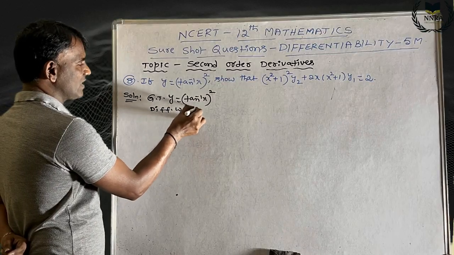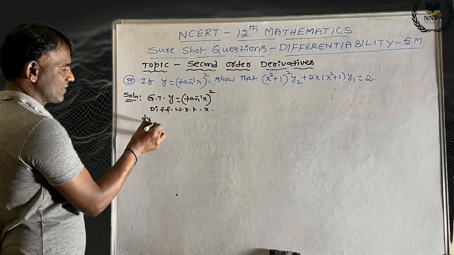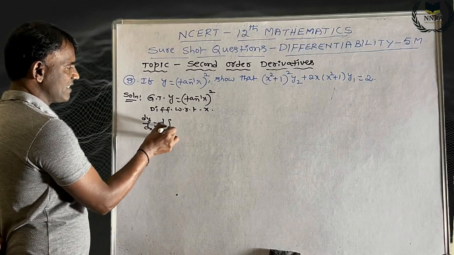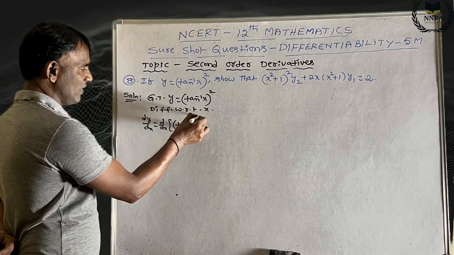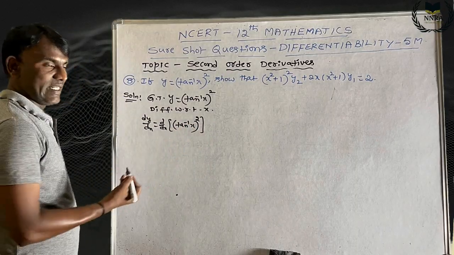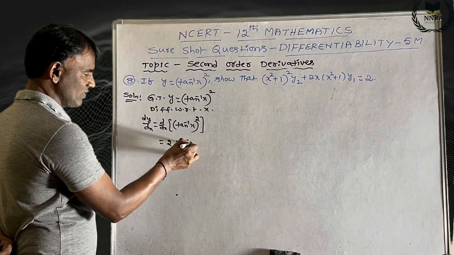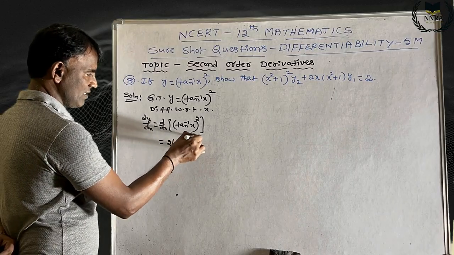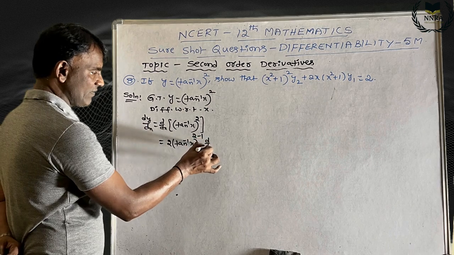Differentiating with respect to x. So it is dy by dx of tan inverse x whole power 2. That is the x power n formula: n into x power n minus 1. But it is not x, so again differentiate that value.